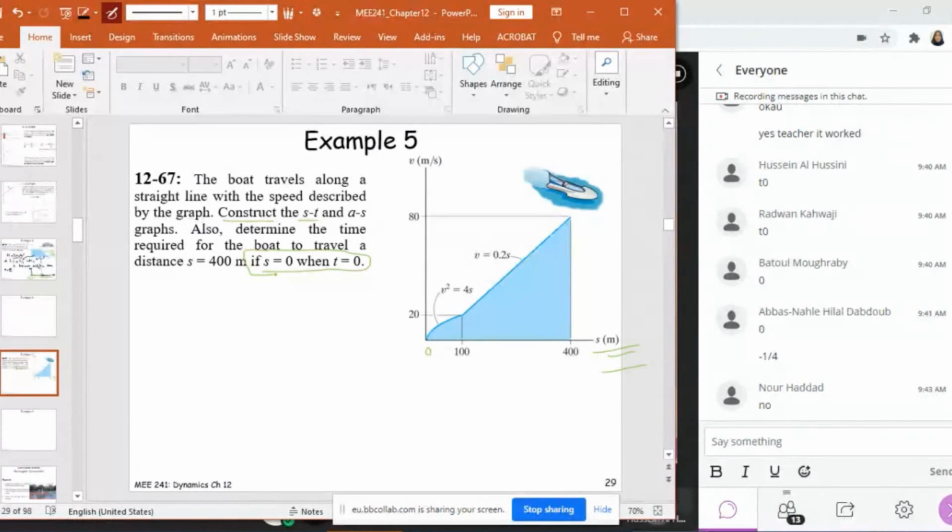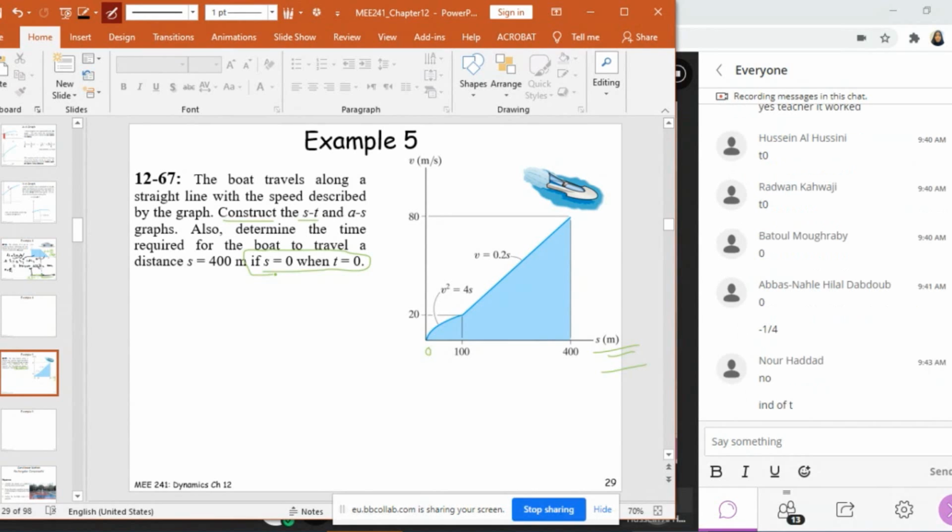We can see why. All right, so guys, what do you think is the equation that I should start with to construct S versus T? I know V versus S. I have to find S versus T. What do you mean by integration of T?